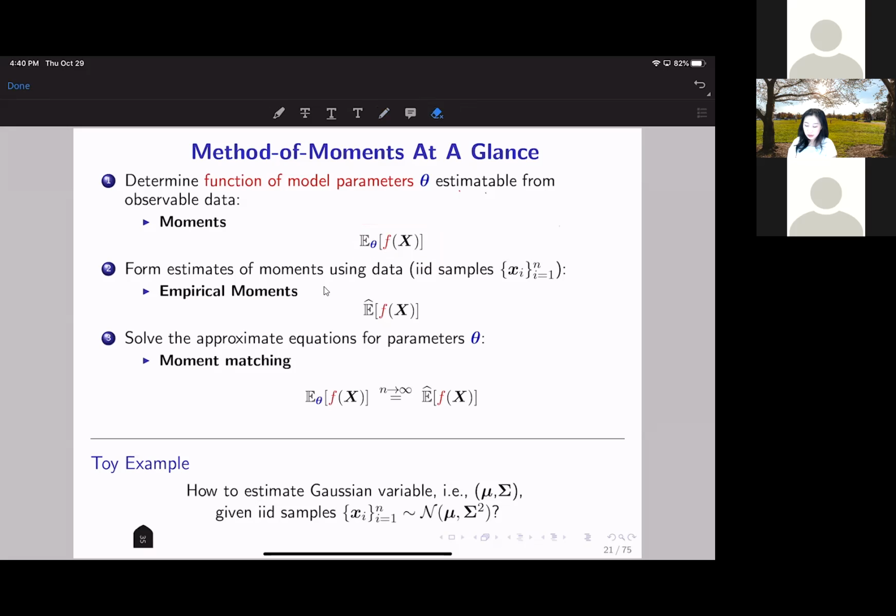Actually, in practice, f could be, for example, something like this. So f is just xx transpose, or even some kind of a third order thing. So it would be something like this, but I haven't introduced the notation of that yet.